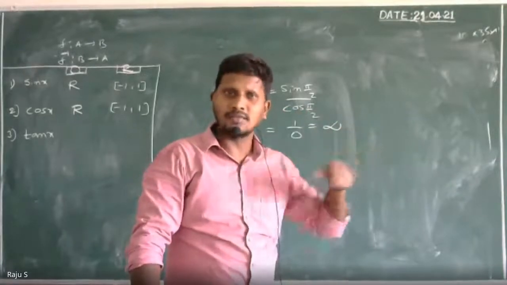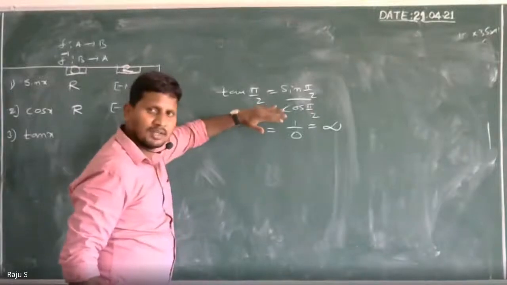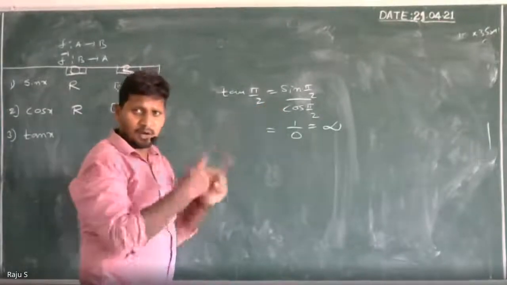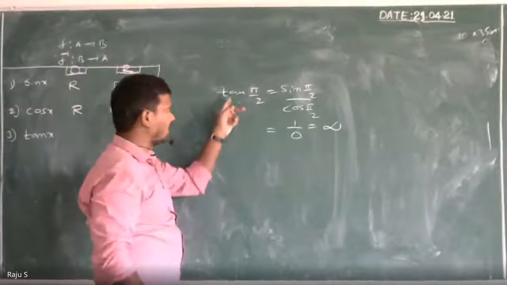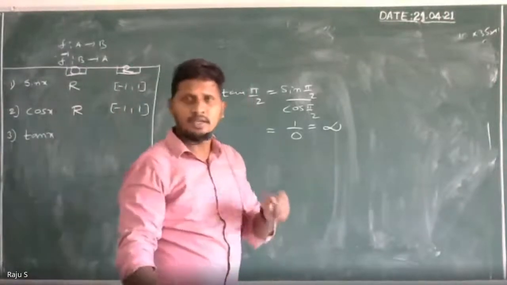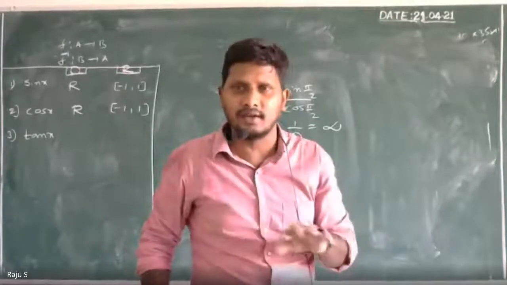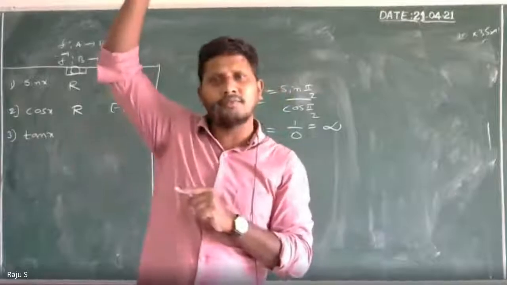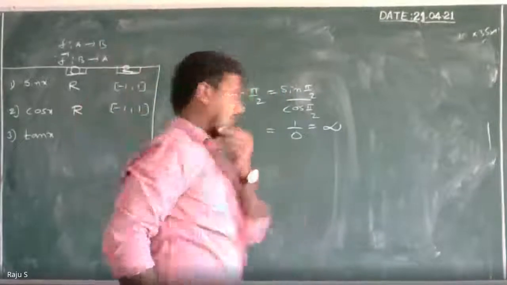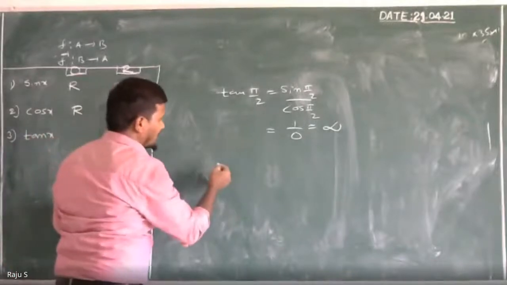At 90, it tends directly to infinity. Not only plus 90, even minus 90 becomes minus infinity. It may be plus infinity, it may be minus infinity. Remember that it is undefined. Can you draw the graph up to infinity? No. Right.